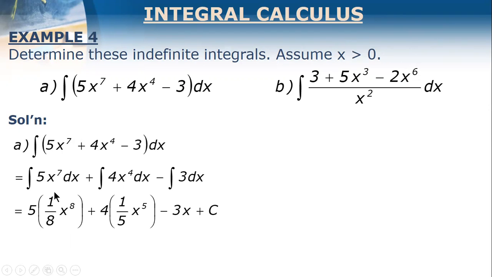So 5, and the integral of x raised to 7 using the power rule, plus 1, is 8, so divide by 8. And then 4, integral of x raised to 4, plus 1 is 5, divide by 5. And then this is rule number 1, the constant rule. And then simplify to get the final answer.